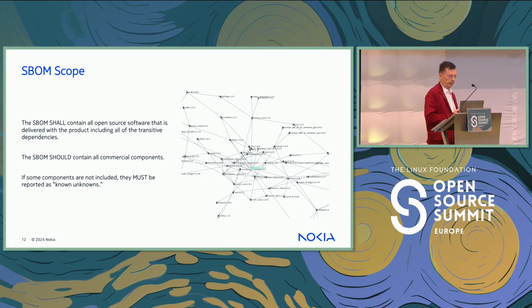For the commercial components, it's not required. It's recommended that you provide information on the commercial components, but it's not mandatory. You might not want to give too much information about your proprietary components, but the open source components are mandatory. And if something is not included, it must be reported as such.